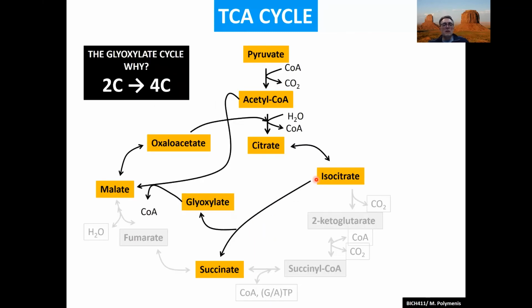So again, the reason for doing this is so that this organism can make oxaloacetate, and from oxaloacetate you can actually make glucose. You can go back up to gluconeogenesis, as we will see. And what this means, this 2 carbons to 4 carbons, is you can get fats, which when they are broken down, generate acetyl-CoA, as we will also see later in the class.